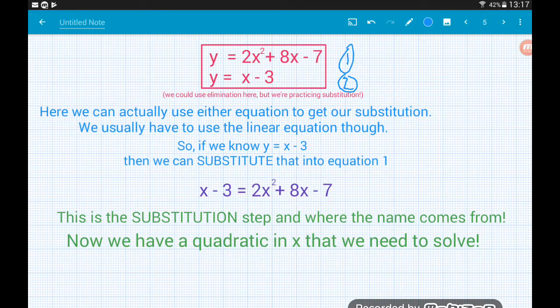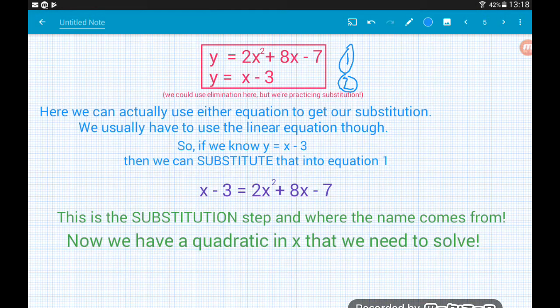So what we can do with that is substitute that into equation 1. Wherever there's a y in equation 1, we can now call it x minus 3, because we know the two things are exactly equal. It's like substituting five pound coins for a five pound note. The two things are exactly equal. They are just in a different form.